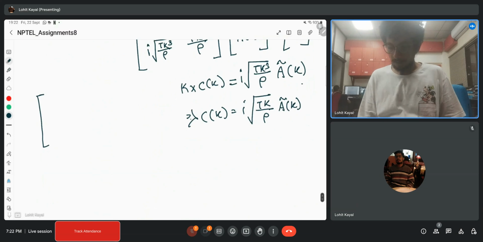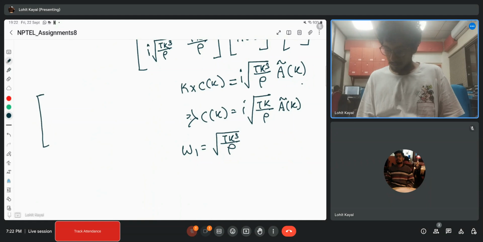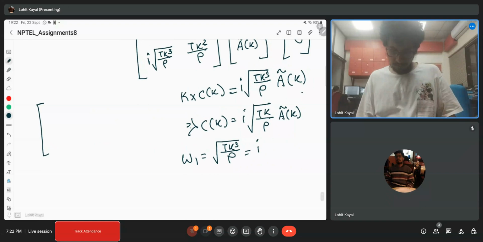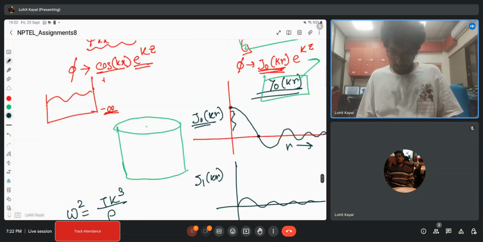Now remember omega 1 equal to square root of Tk cubed by rho. Am I making some mistake?